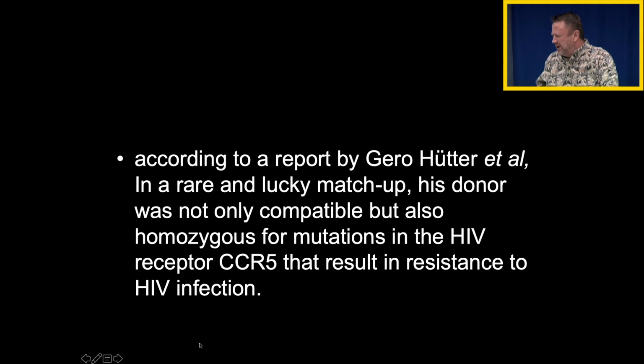But people who have mutations, people who have different CCR5 receptors, are able to resist HIV. And so one of the things we're researching is these people with these special CCR5 receptors on their lymphocytes that prevent the HIV from entering their T cells.